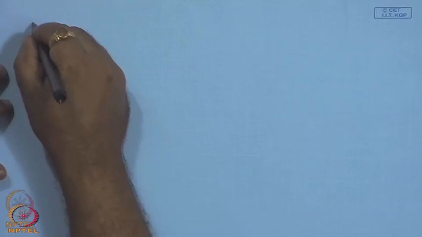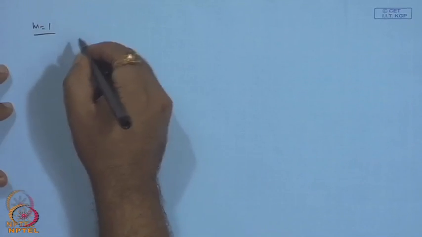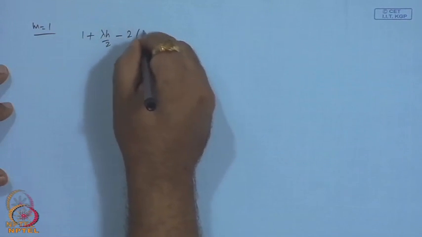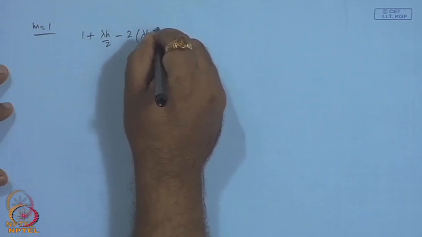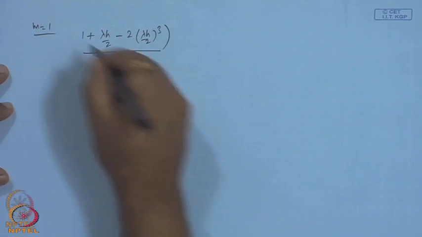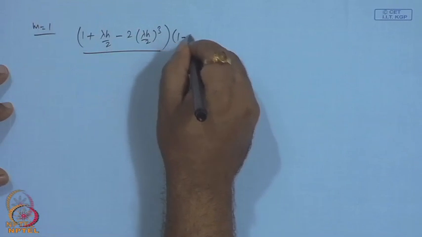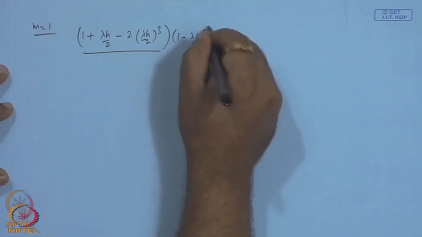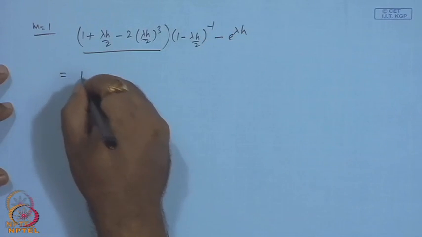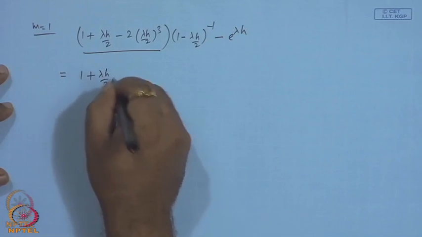Okay. Suppose you take m equals to 1, then this will be this, 1 minus, so this is 1 plus.